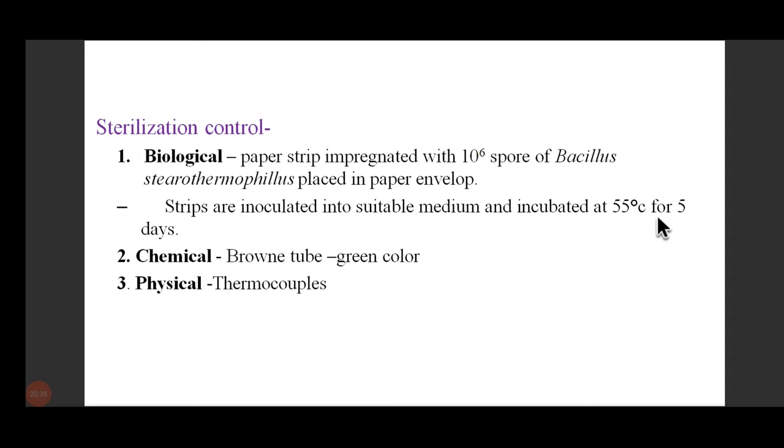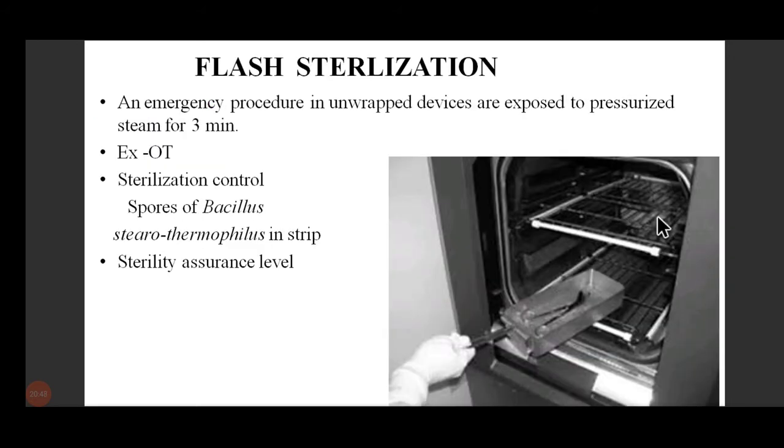Again, a chemical indicator, the same brown tube which changes to green color, is used as a control. Then the same physical method we use here is the thermocouple.